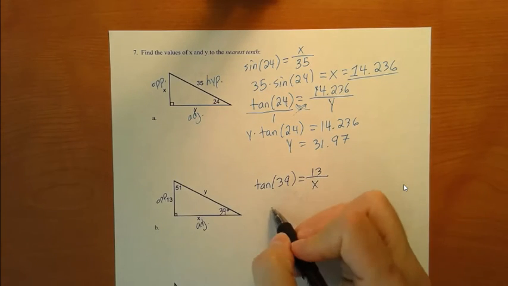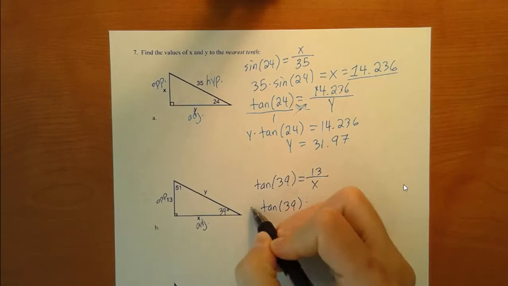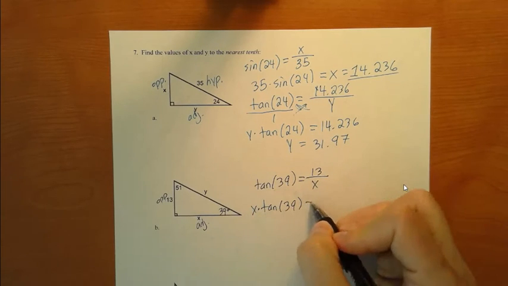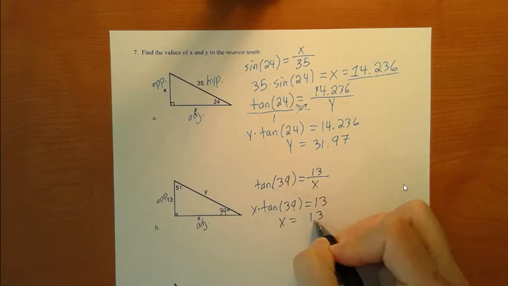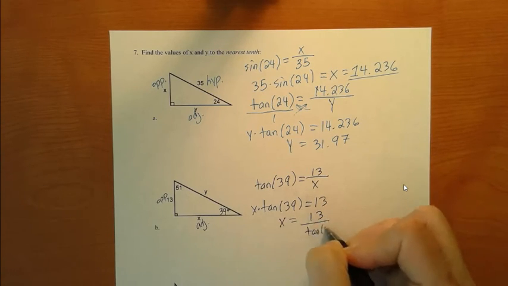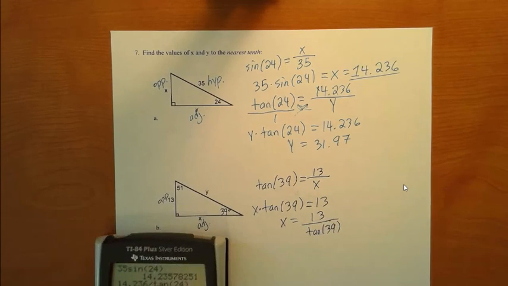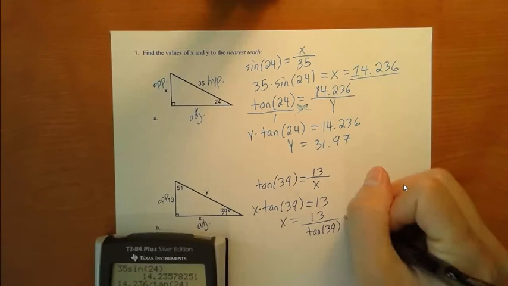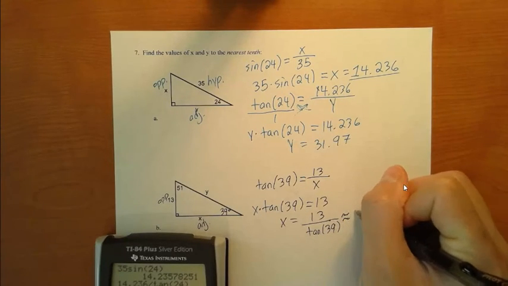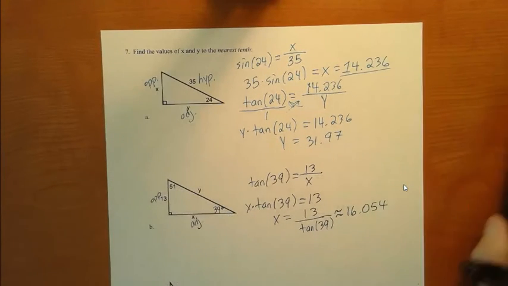And we can cross multiply again and get tangent of 39 times x is equal to 13. And then I have x is 13 over the tangent of 39. My answer from that ends up as approximately 16.054. So that's my x value.